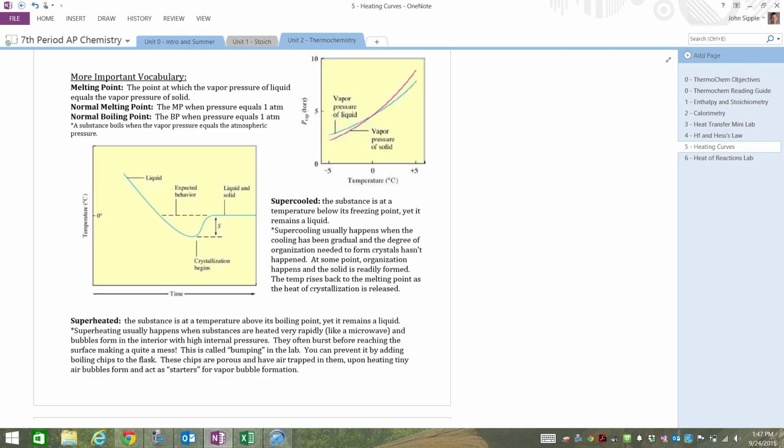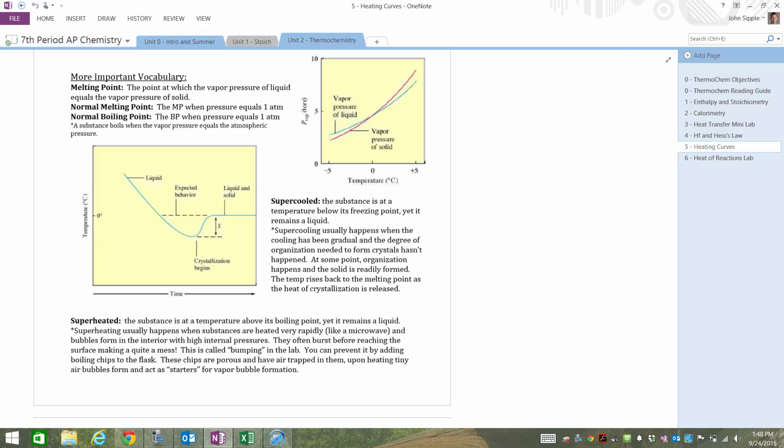In organic chemistry, for example, if you're using very, very clean glassware, and the surface of the glass is really smooth, there's not really a spot on that surface for bubbles to form. You might be able to superheat that substance, and then all of a sudden it's going to boil all at once, and a lot of times it's exploding out. It's crazy.